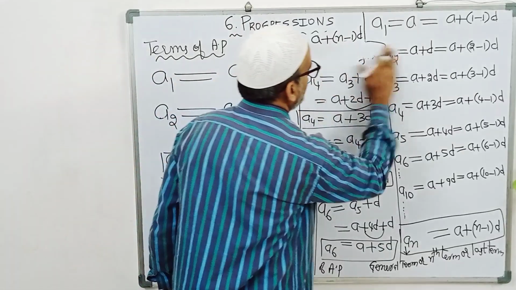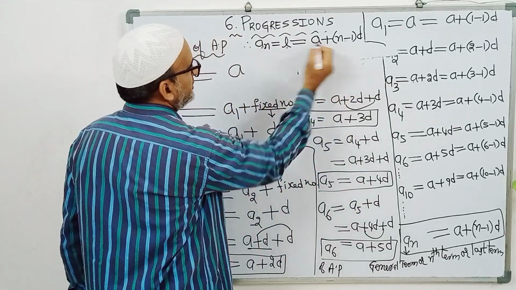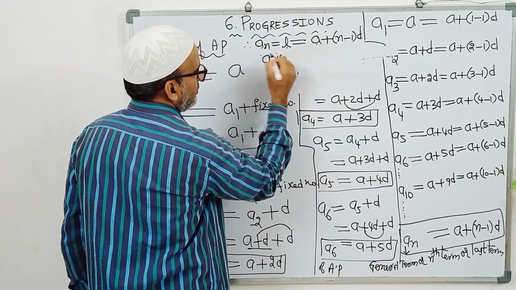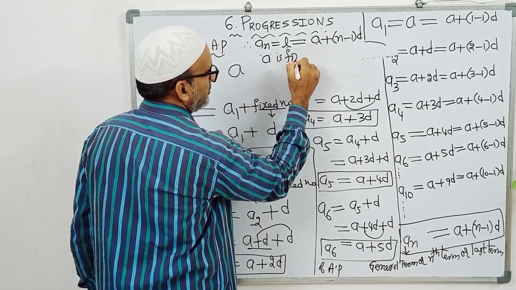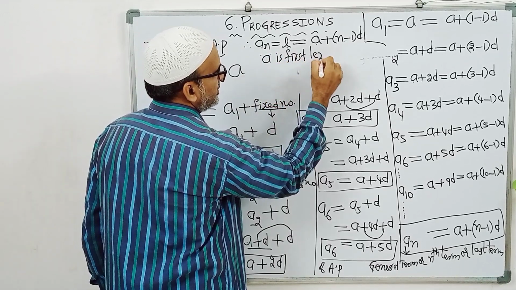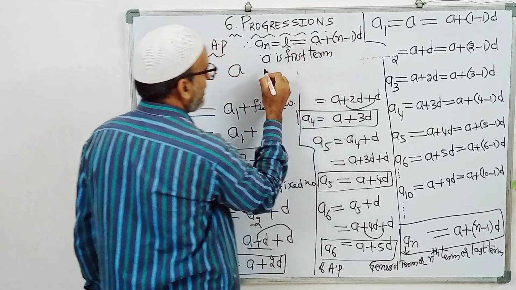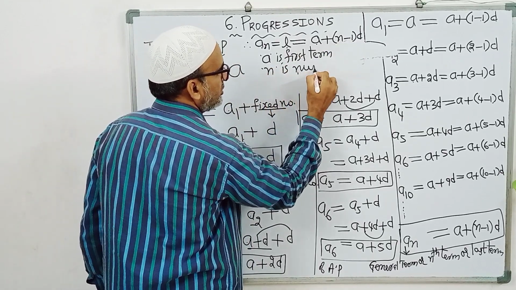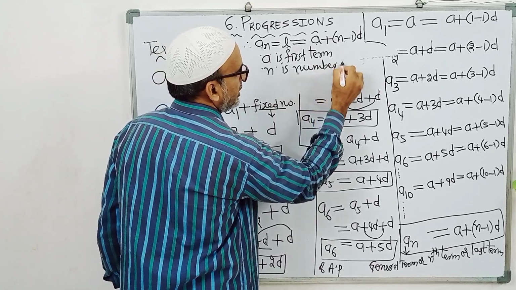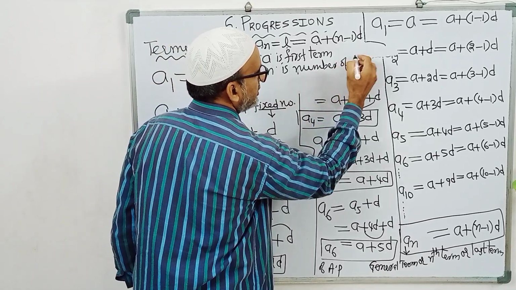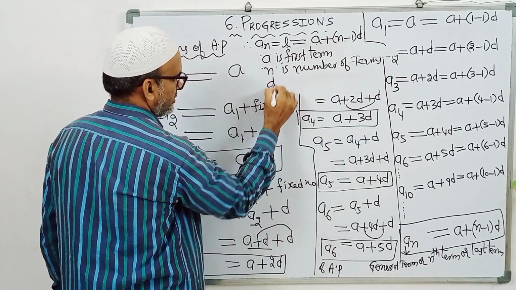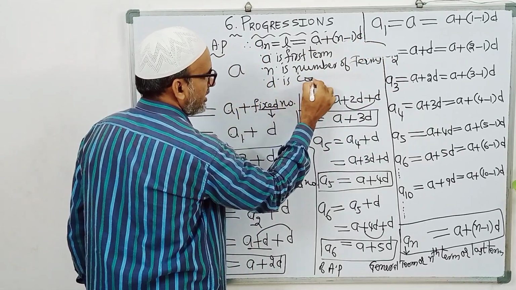So now you see here in this formula, A is first term, n is number of terms, D is common difference.